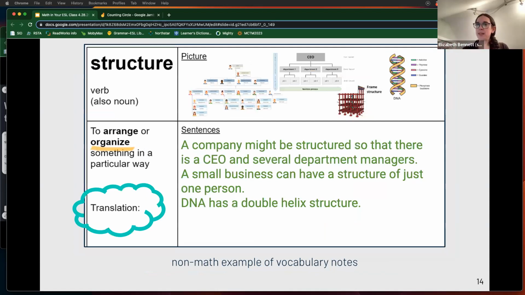This is not really a math example. This was from my morning class, just from a story we were reading. But I think this is something you could definitely do with math vocabulary. This is just a variation on the Frayer model or the quadrant chart from the STAR training.